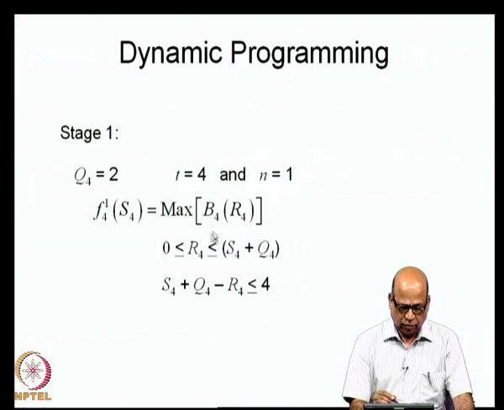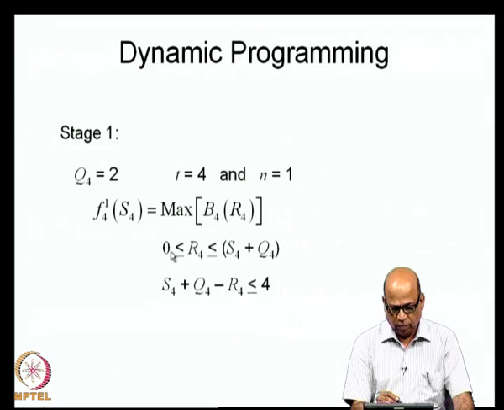And the R 4, which is the decision that you are making, will be taking on values between 0 and S 4 plus Q 4, because S 4 is the storage available plus Q 4 is the inflow coming in that particular time period, and therefore, this is the total amount of water available. You can make releases from 0 to S 4 plus Q 4.